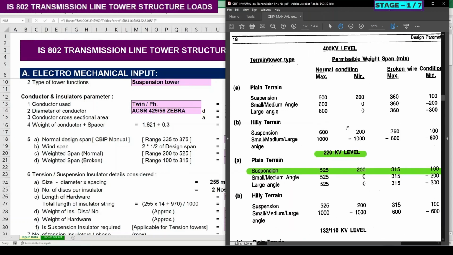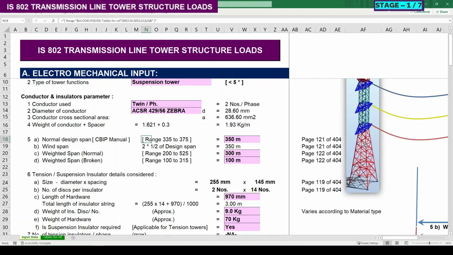So we can pick it up from here, and according to the project conditions of the transmission line tower locations, this value will vary. For our demonstration purpose we are considering 350 meter as the design span, and the wind span will be 2 into half of this design span, so the same value, 350.